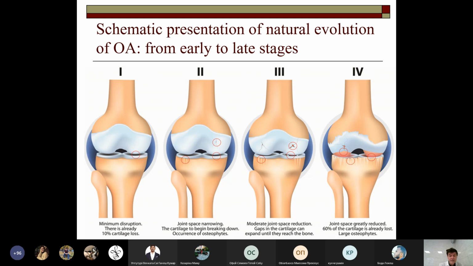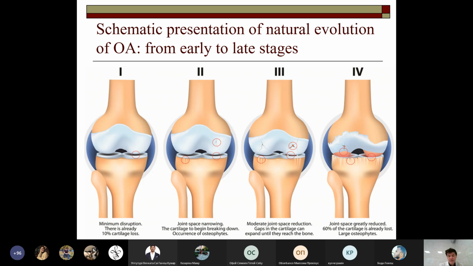The next stage is clearly characterized by cartilage breakdown and the accumulation of fluid in the synovium. The joint space narrowing is frequently associated with thickness of the cartilage, and sometimes we have the usuration and the cyst formation can be seen.